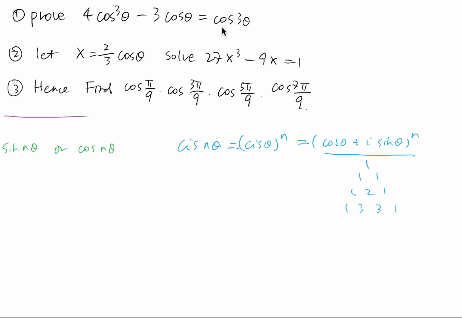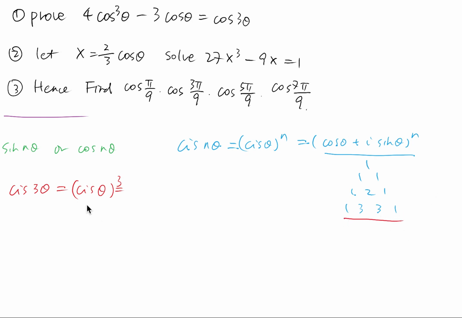In this case we have cos 3 theta, so we'll just use cis 3 theta. We know cis 3 theta equals cis theta all to the power of 3, so we would use the coefficients 1, 3, 3, 1.